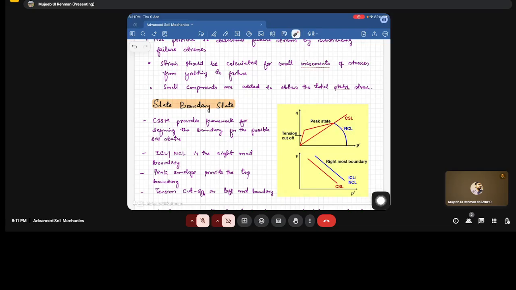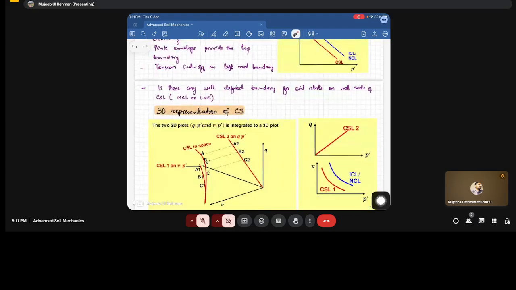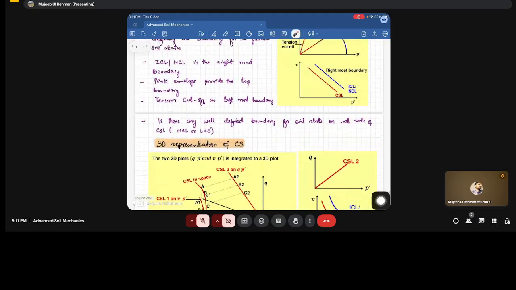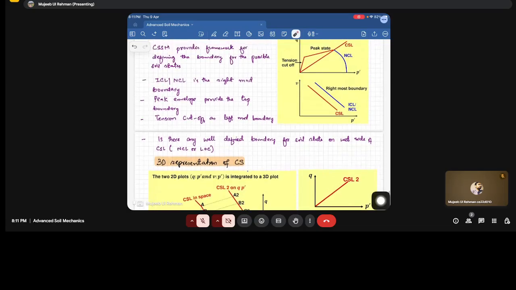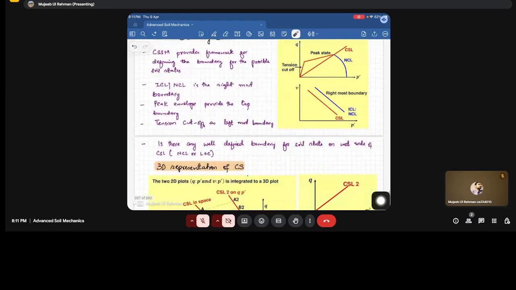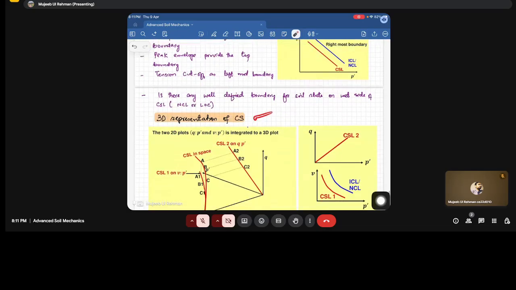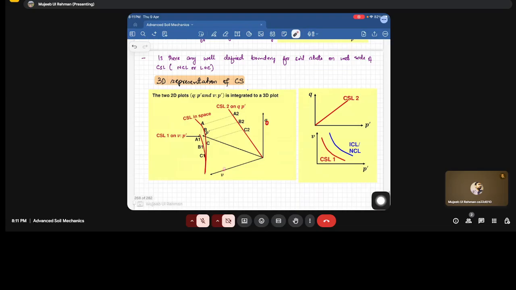So for this portion on the wet side of CSL, that is this right side portion, is there a bound? That bound we determine experimentally. We have seen that this bound is called the Roscoe surface, and this peak state we call the Hvorslev surface. I don't know whether this pronunciation is correct. And then the 3D representation of critical state in the q, specific volume and p dash plots.